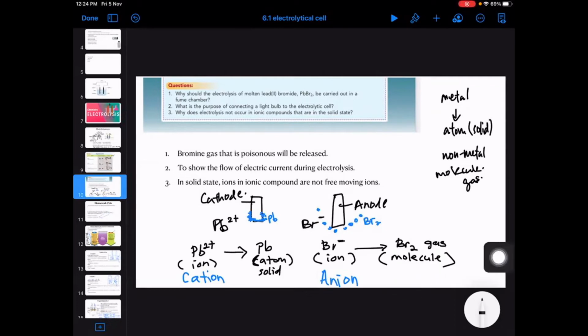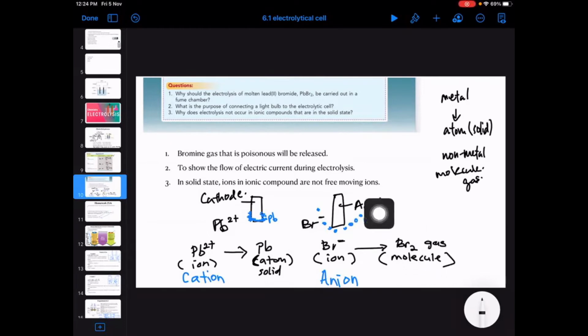All the elements exist naturally either as atoms or molecules. For lead, it will form an atom, and for bromine, it will form a molecule. So it's bromine gas.